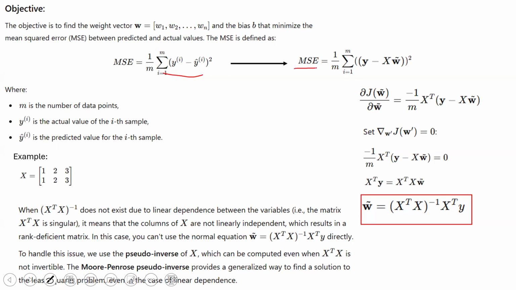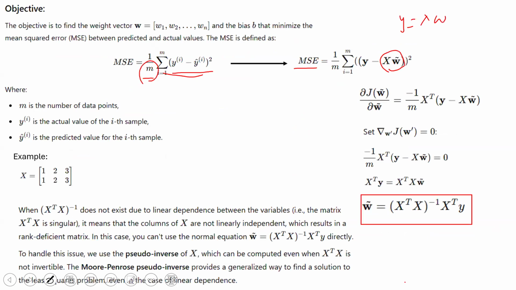Why are we saying mean squared error? We are taking the sum of squared errors and then dividing by the number of points, and that's the reason you get the mean value there. So now this is the equation. The predicted y cap is nothing but x into w, which you have seen here.